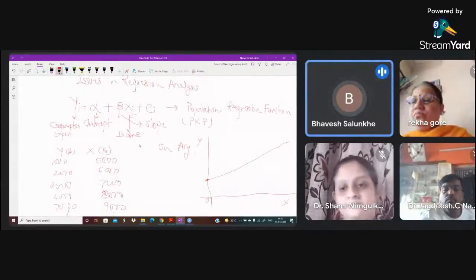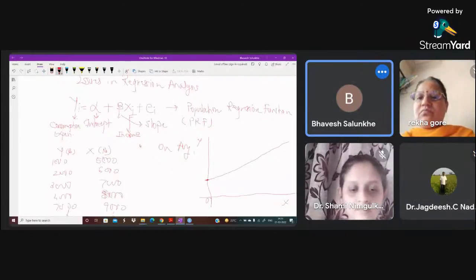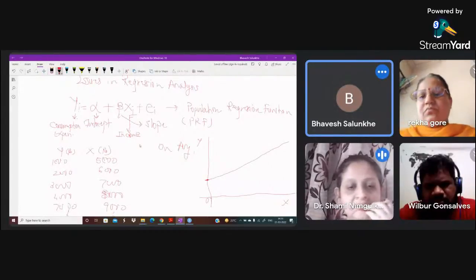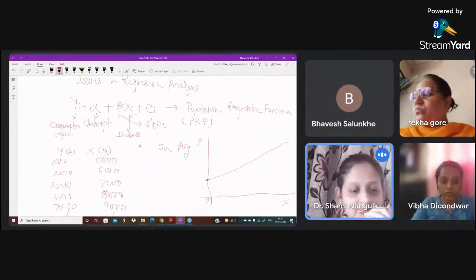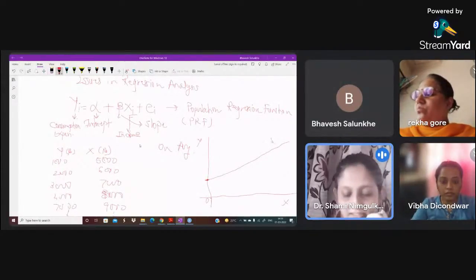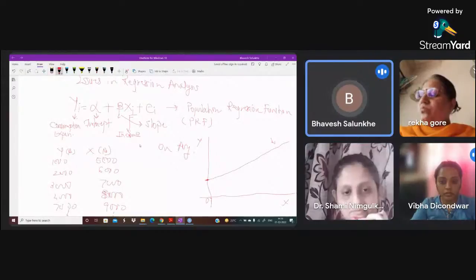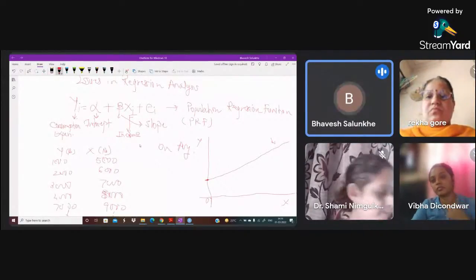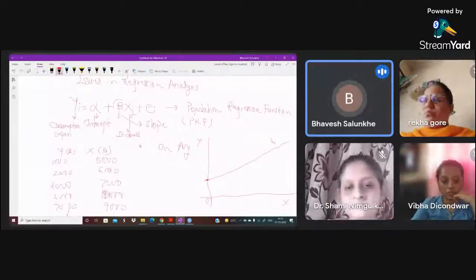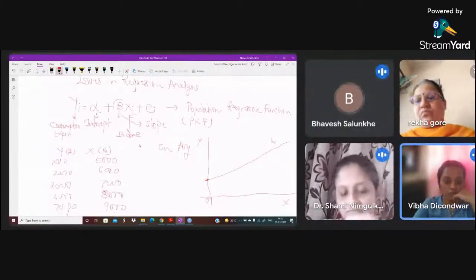Why is it going like this? Can someone tell me, looking at the data? Because of the direct relationship between income and consumption. Yes. So when income is increasing, consumption expenditure is also increasing. So what will be the sign of this beta parameter? Positive. It will be positive.